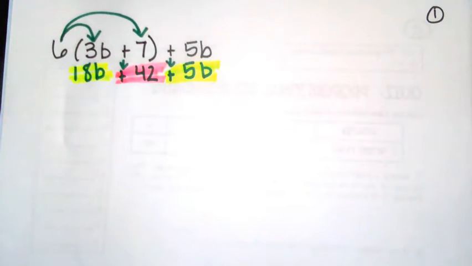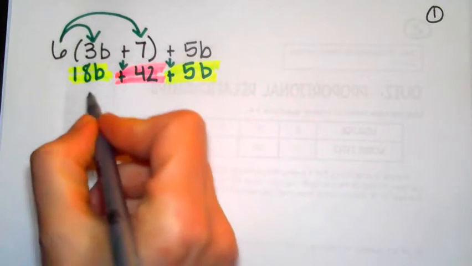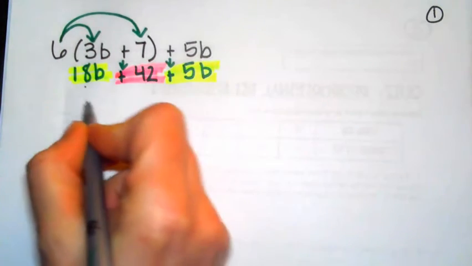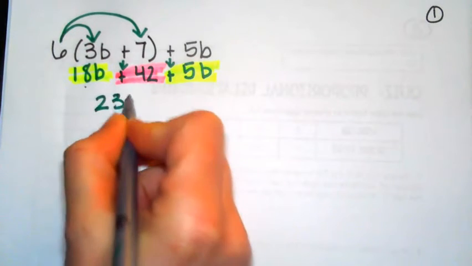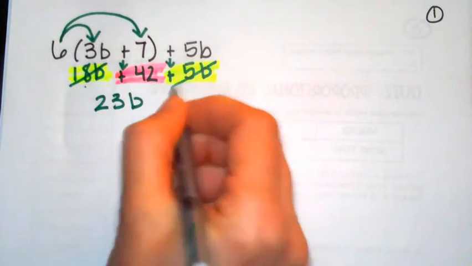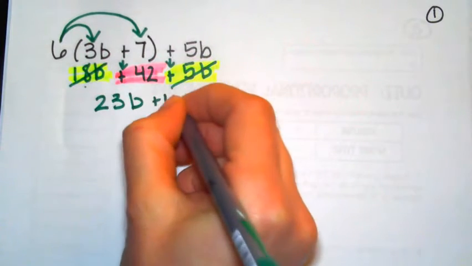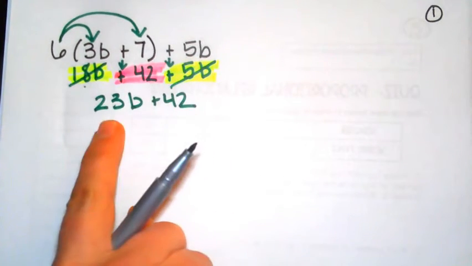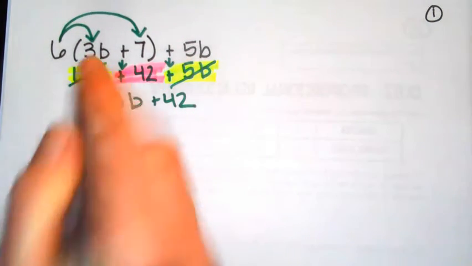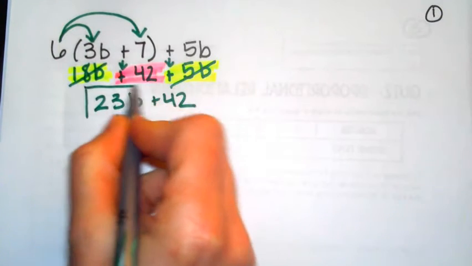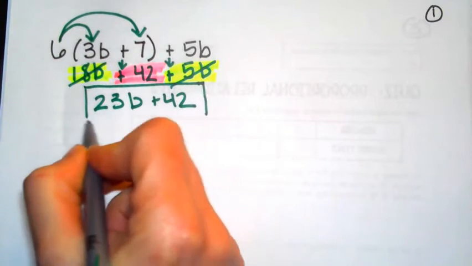It's not the prettiest highlighting there, but it works. So I can combine my 18b and my 5b, and I know 18 plus 5, that's 23b. I took care of those guys. Now I'm just left with plus 42. 42 cannot combine with that because it's a constant, and this is a variable term. My most simplified form is this.